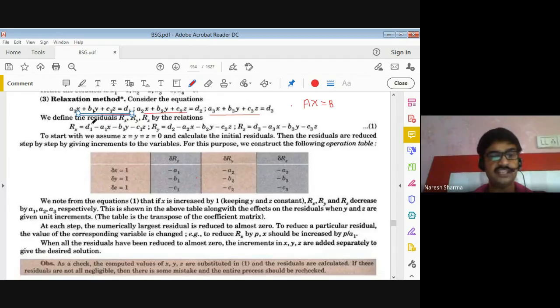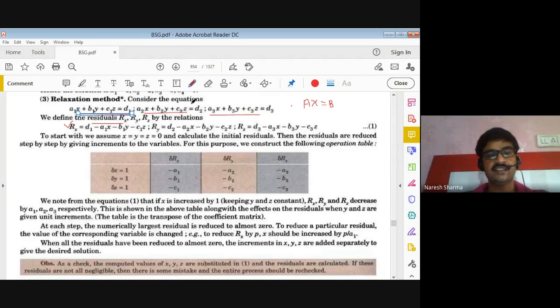Here we define the residual. How we find the residual? For the first equation, we shift all a1x, b1y, and c1z to the right hand side. Obviously its signs are changed, so this d1 minus a1x minus b1y minus c1z is called the residual of variable x.